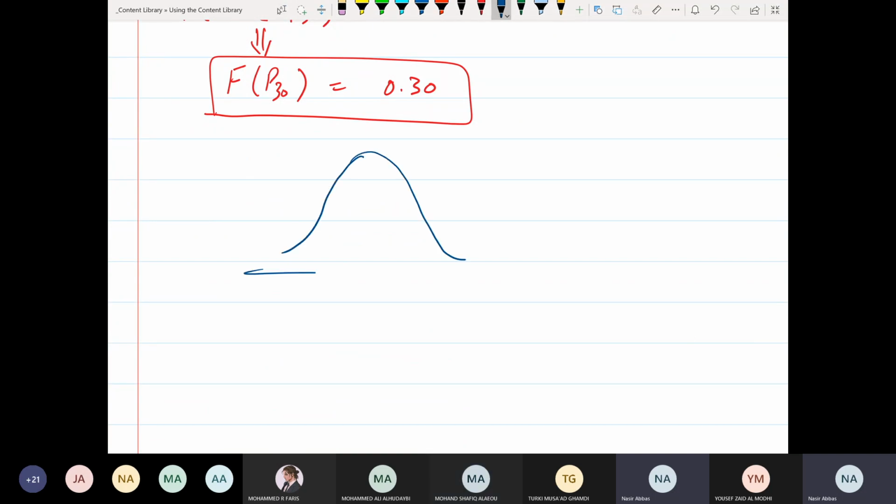Let me show you through the diagram. There is a value of X somewhere here, and they are saying that the above probability is 20%. The probability that calibration error will exceed this value is 20%. What is this value of X?